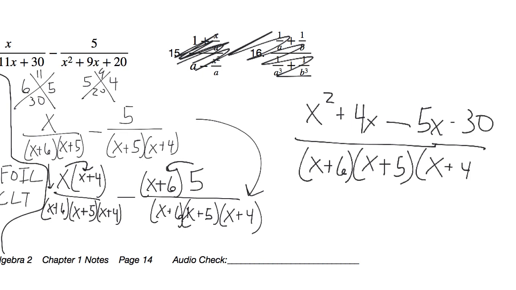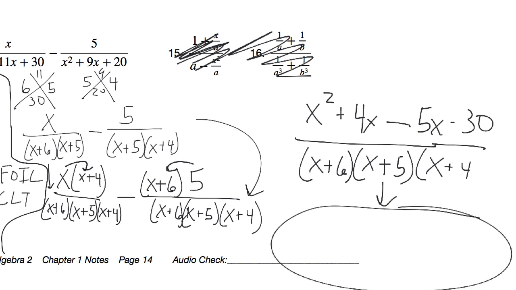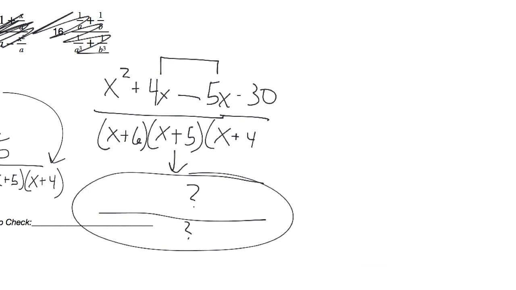And I want you to tell me, there's one last step, and I want you to combine the like terms in the numerator and tell me what the answer would be. It's a fraction. You tell me what it is. Once you figure out what it is, then go ahead and write it down.